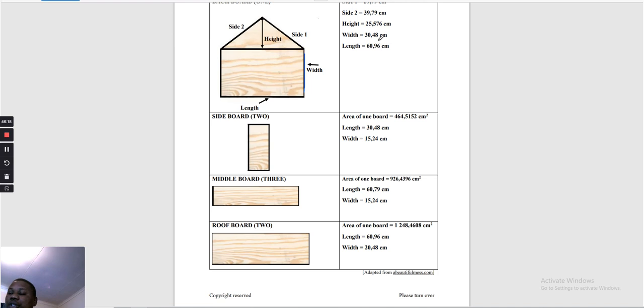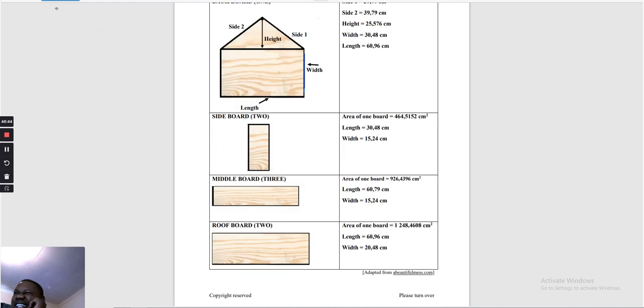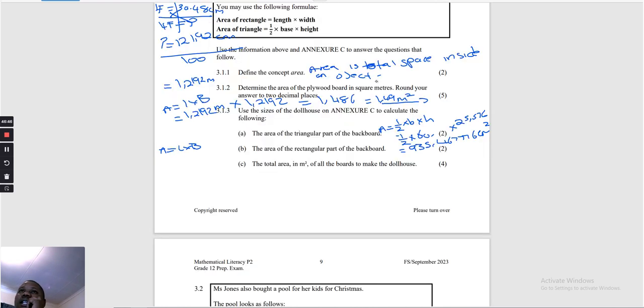I'm just going to cancel a few things there. I'm supposed to use 60,96, not 30,48. So the answer is going to change, but we're just going to change this one. That is 1/2 multiplied by 60,96.